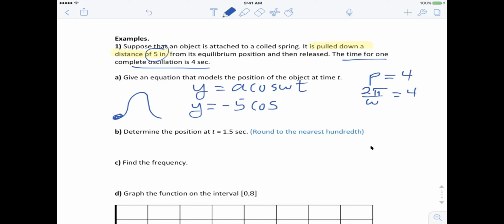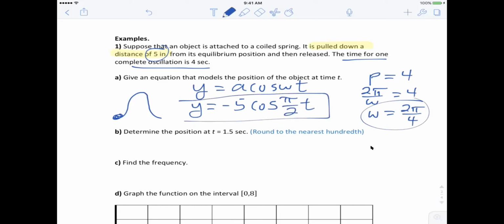So omega is 2 pi over 4. You can almost think of this as a formula for omega right here, right? Omega is 2 pi divided by the period. And then you can reduce that, which is pi over 2. So I'm going to put pi over 2 t, and then there's my final answer. Right? There's the model for that motion, okay?